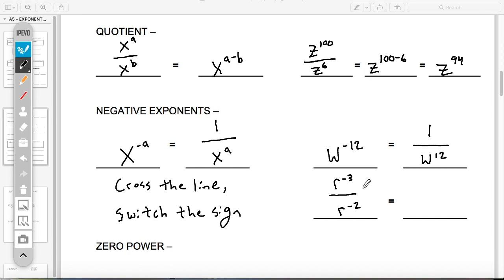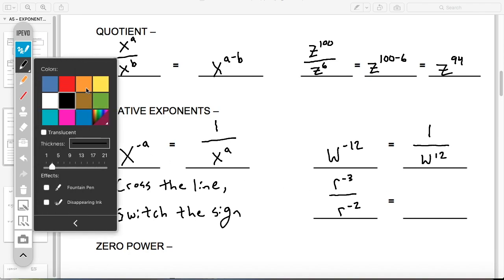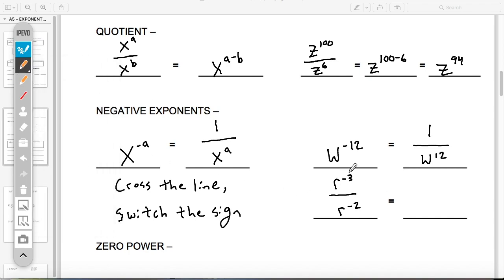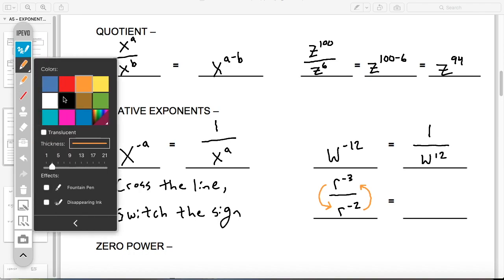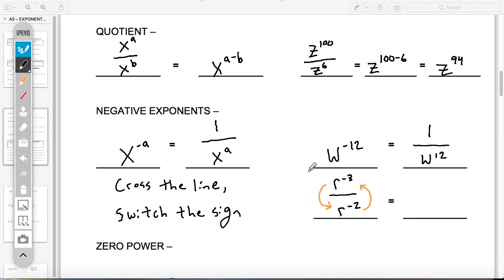Okay? So, let me change colors here. So, cross the line, switch the sign. So I have a negative exponent up here, so I'll bring it down here, crossing the line. But down here I also have a negative power. So I'll bring that up here, cross the line. Okay, so now that I've crossed that line, I can switch the sign.